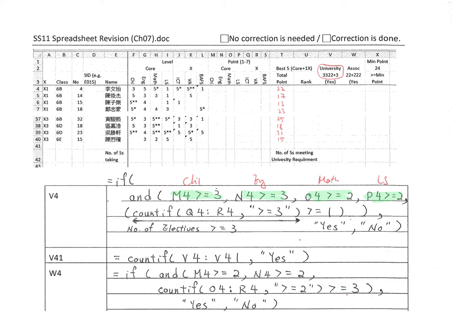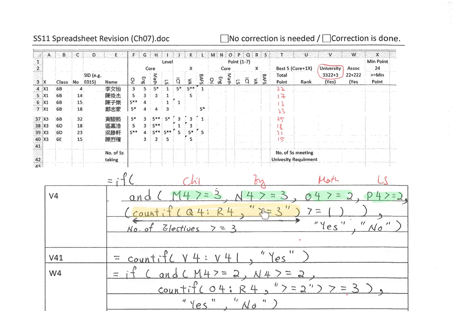And then for the other, we'll try to find out whether they can get at least 1 subject higher than 3. Here we use another way, that is to use COUNTIF, because COUNTIF can count how many subjects are higher than or equal to 3.